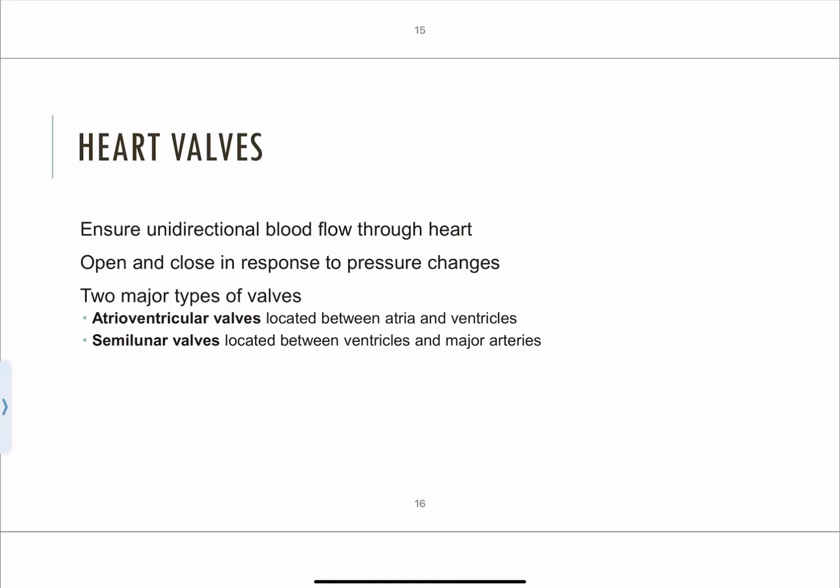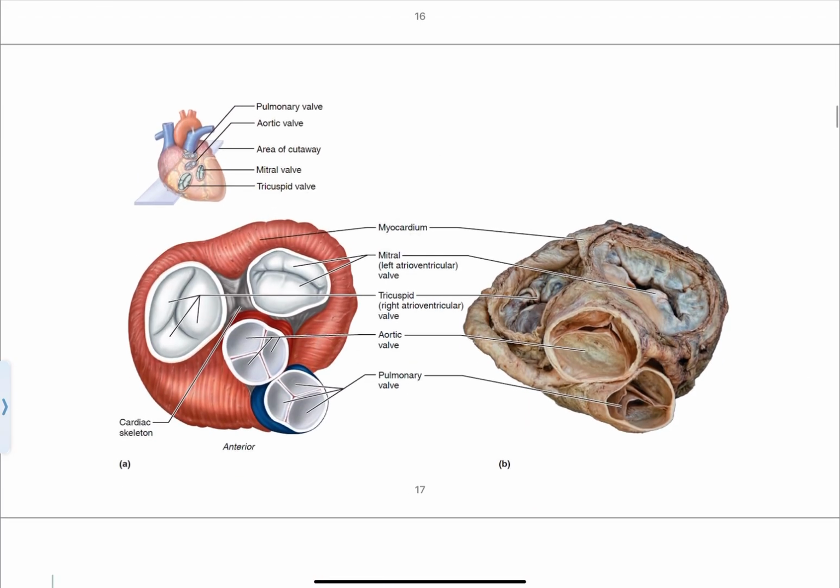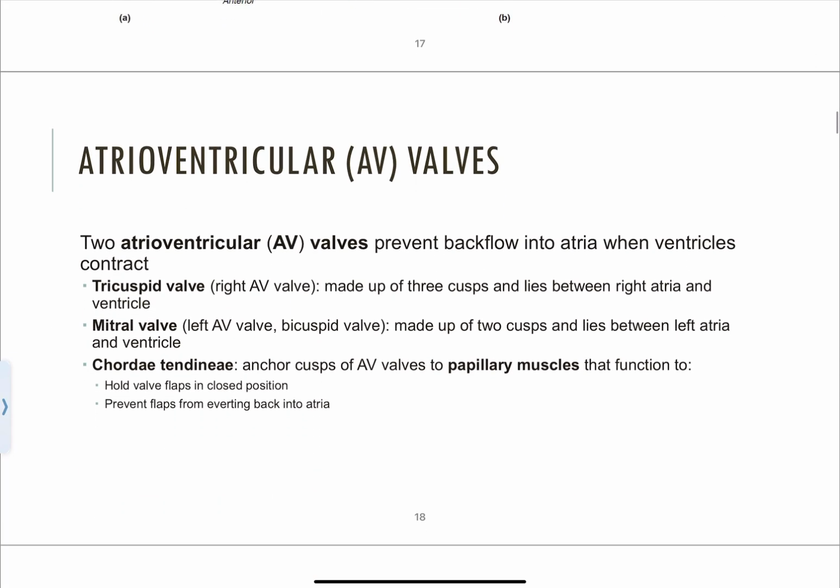And for the left ventricle, it would be between the left ventricle and the aorta. Here is an example: a cross section of the heart where we can see all of the valves. I don't really like this diagram because it's a little bit confusing.